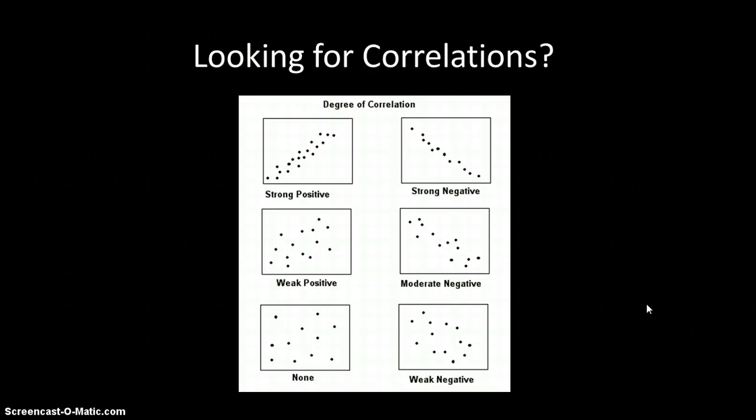So correlations come in different sort of shapes and sizes, if you like. This linear diagonal line upwards would represent data that showed a strong positive correlation. So this is a scatter graph or a scattergram, which you can easily plot to give you a starting point in determining if you think there might be a correlation.